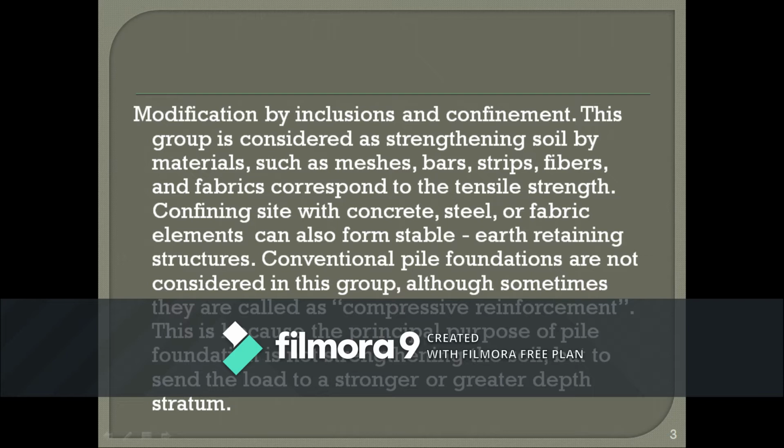So usage of fibers, meshes, bars, strips, as well as fabrics, in order to increase the tensile strength, you are going to consider as modification by inclusions and confinement in ground modification.